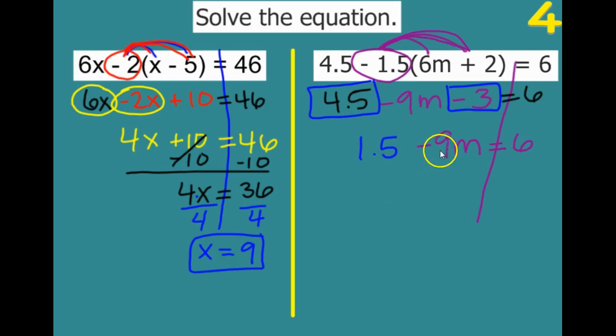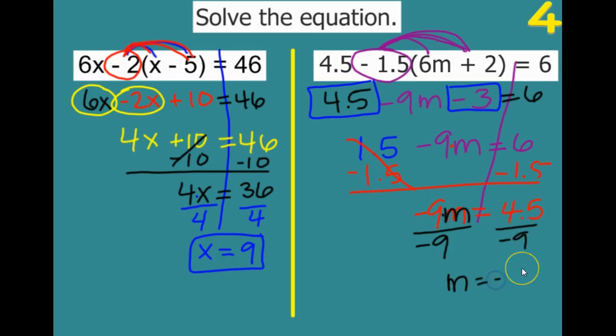Get rid of your addition and subtraction. This is multiplied. We can't get rid of that, so I'm going to subtract that 1.5. We have negative 9m. 6 minus 1.5 would give us 4.5. And then last, we want m by itself. The opposite of multiplying is divide by negative 9.